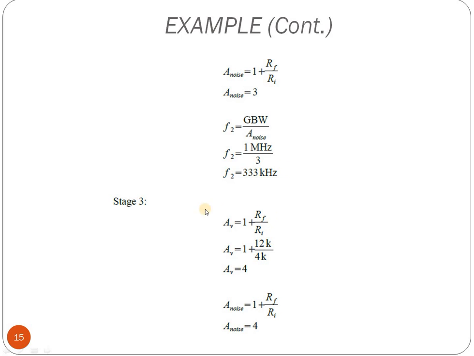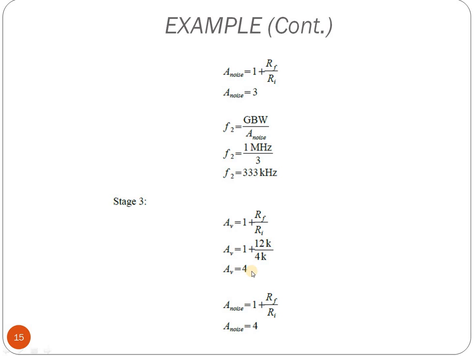And now the third stage, stage 3. The voltage gain is 1 plus RF by RI, because this is connected in the non-inverting terminal. If we put the value, it is calculated to 4. So voltage gain AV equals 4.